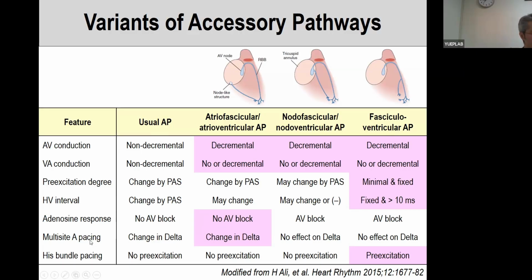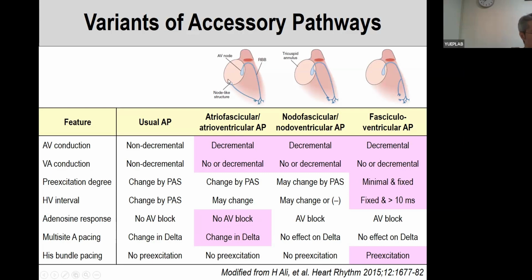And next, multi-site A pacing. This means the competition of two conduction systems. Let's think of the atriofascicular accessory pathway like this. If we pace here, then this activity may go via the normal conduction system mainly and less through the accessory pathway.